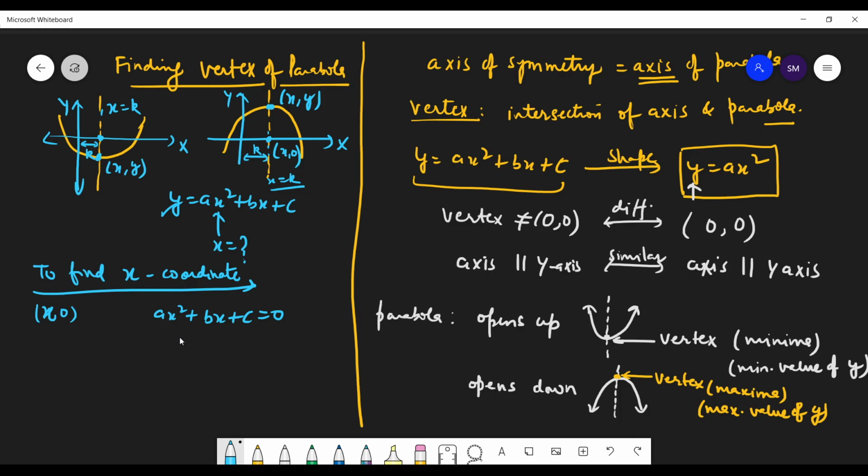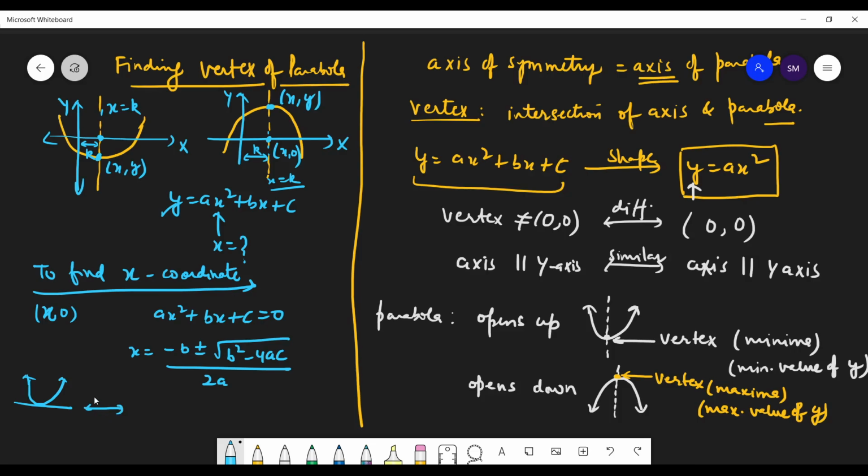Yes, sir. And you know the roots of this equation now. X equals to minus b plus minus under the root b square minus 4ac upon 2a. So that's the root of the equation. Now you have studied in 10th class also, if the parabola touches, there will be three possibilities.